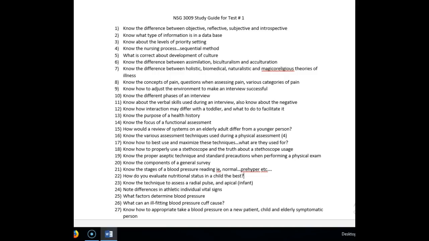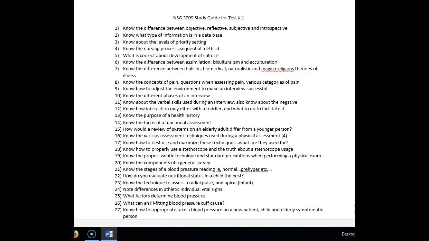Tachypnea and bradypnea: just like you would say tachycardia with the pulse rate, that means that they have a high pulse rate, well, tachypnea means that they got over the 20 respirations.